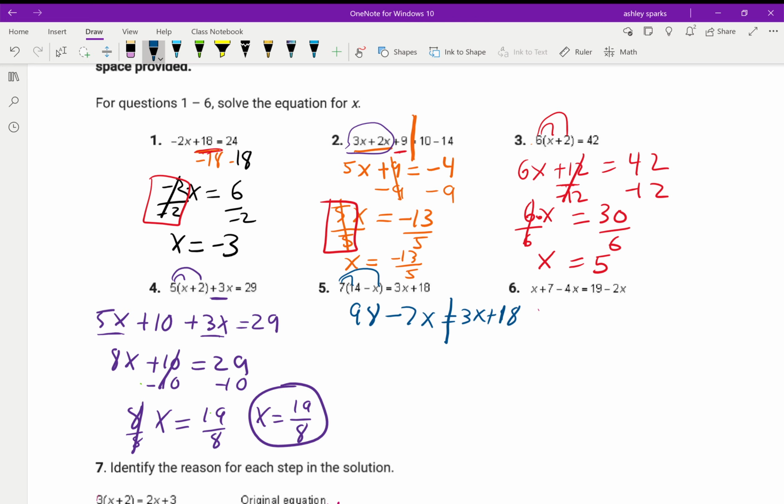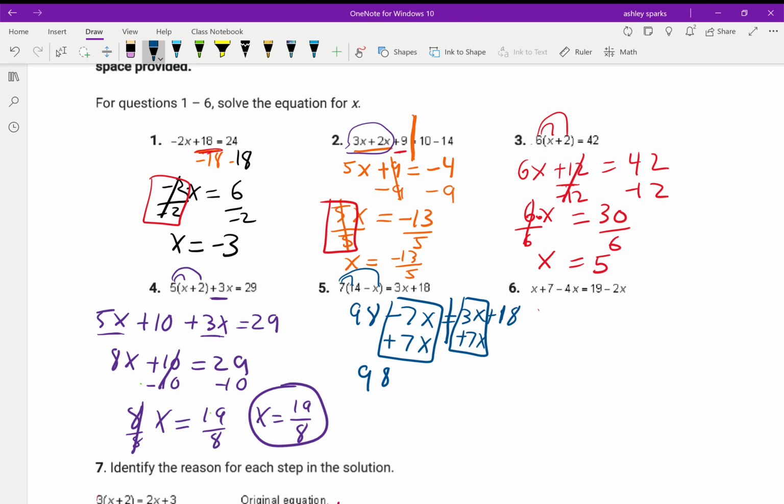So what I mean by that is I see this as -7x. To move this over here, I'm going to have to add 7x to both sides. That means if I hate dealing with negatives, it's now a positive. Also notice that I'm only adding the x's to the x's, so that 98 is untouched.